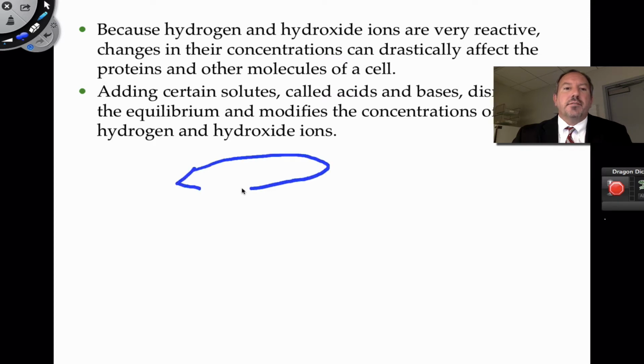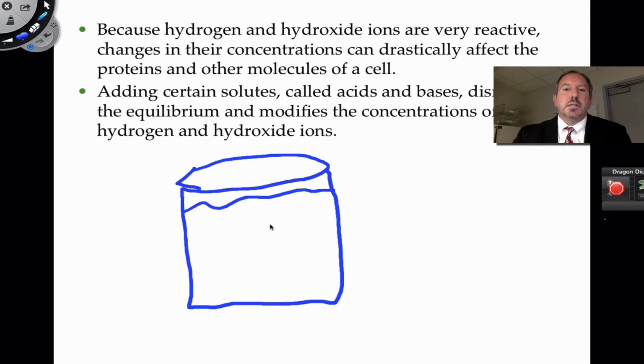If I have a glass of pure water like this, most of it is water molecules. But again, some jump ship, and then we form hydronium ions and hydroxide ions, and these are equal in concentration. What are they? 1 times 10 to the negative 7 molar.